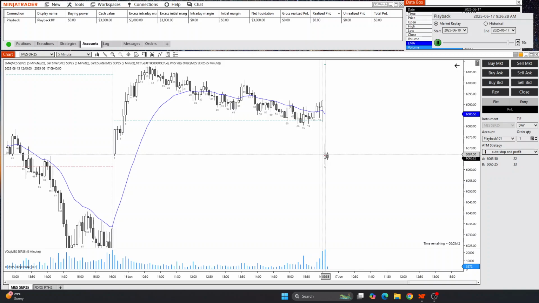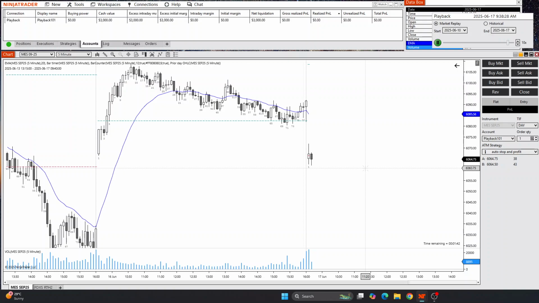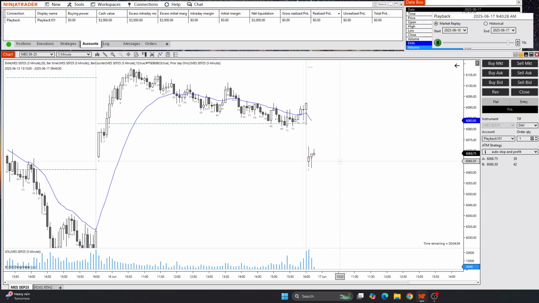So first bar closed above the yesterday's open. So buyers are down below this bull bar here, pushed the market all the way up. So it doesn't look like a bear breakout yet.